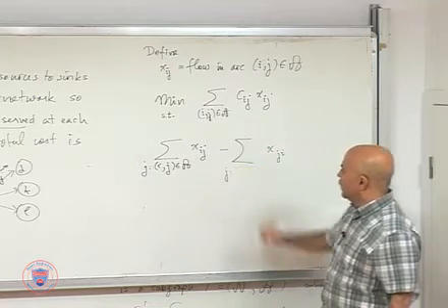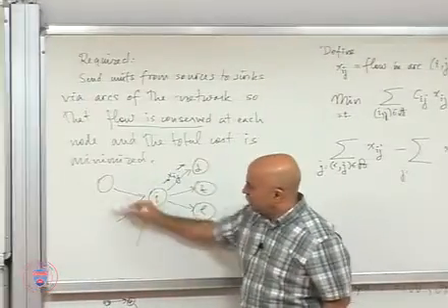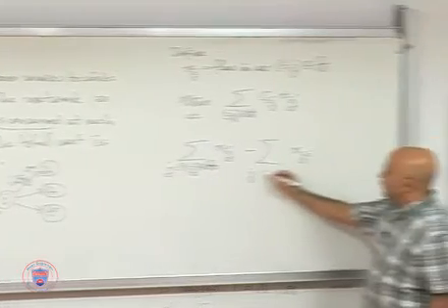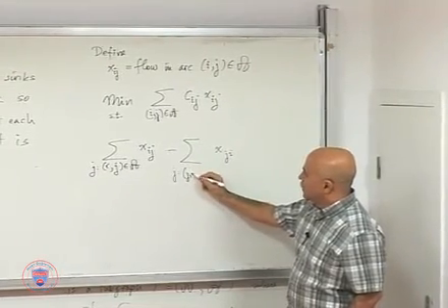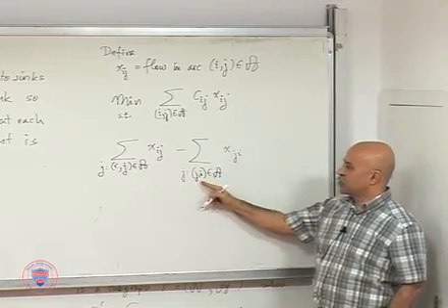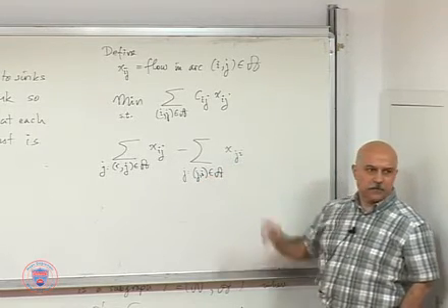So this time you have, again, summation over j. This time you're looking at these ones, and you're summing over all those nodes j, the flows coming from j, where ji is a defined arc.